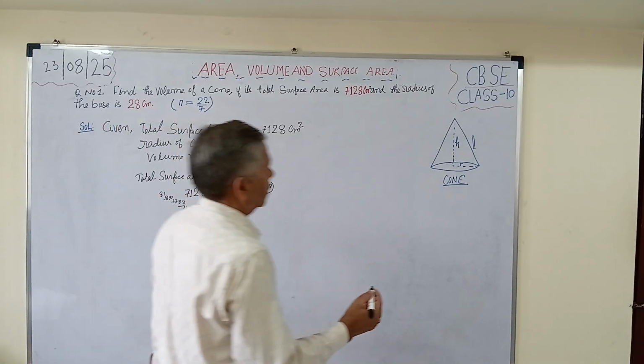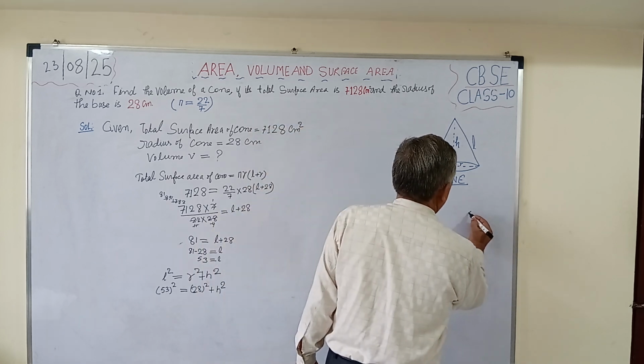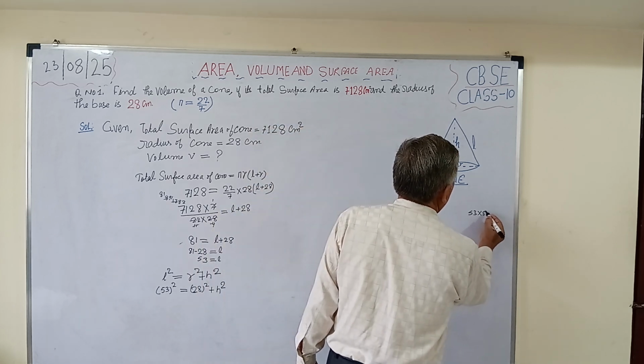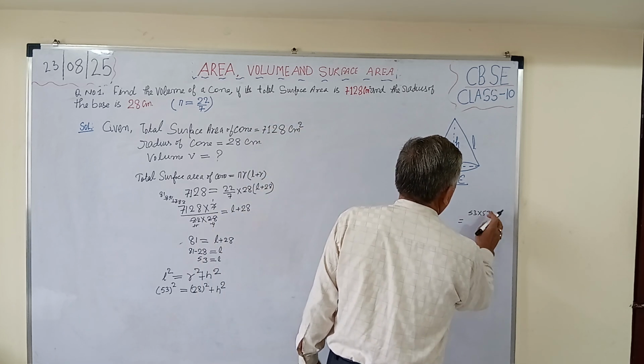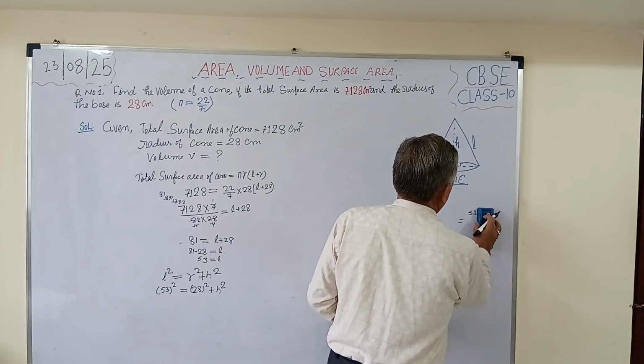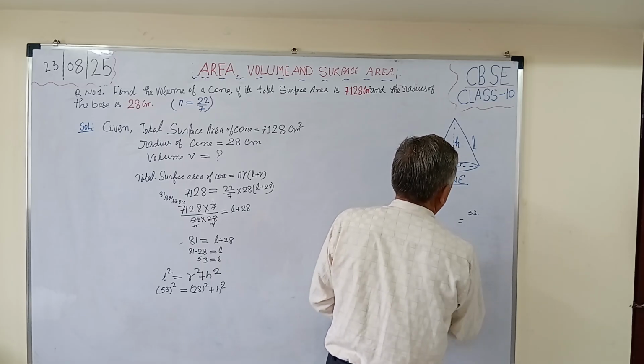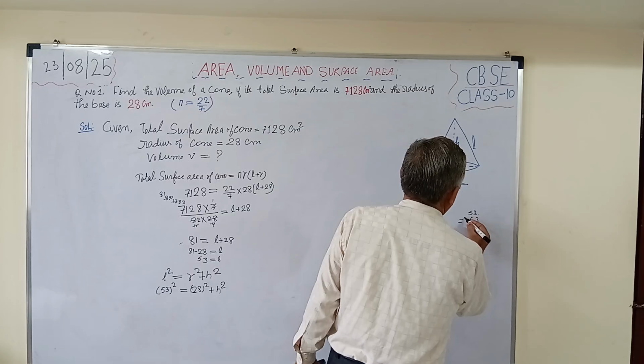Now I will calculate 53 square, that is 53 into 53.